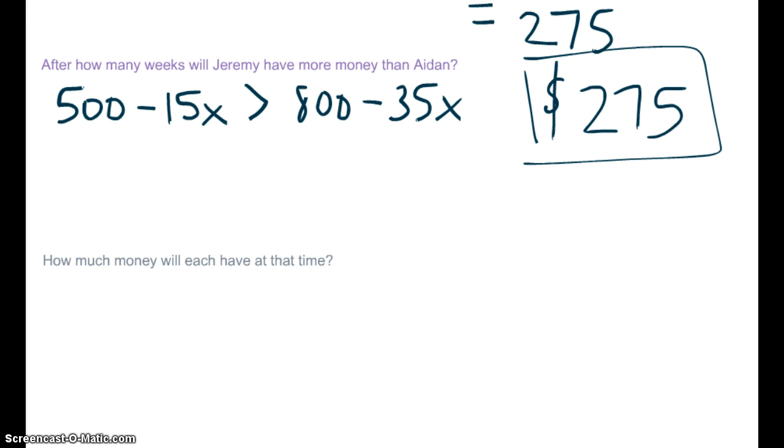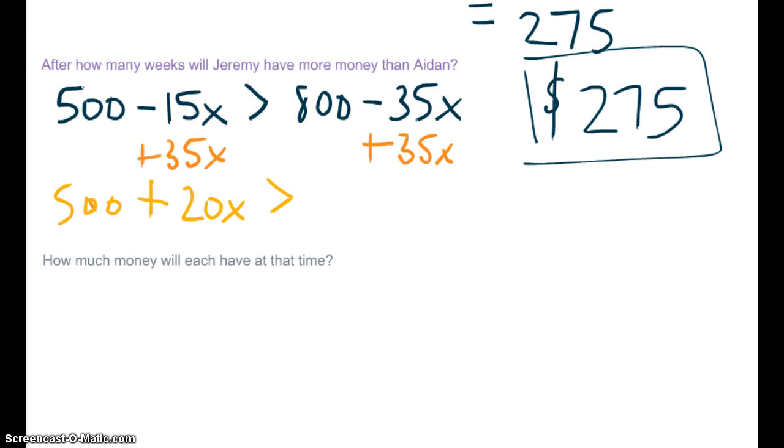So I would add 35x's and get 500 plus 20x is greater than 800, and then I would subtract 500.